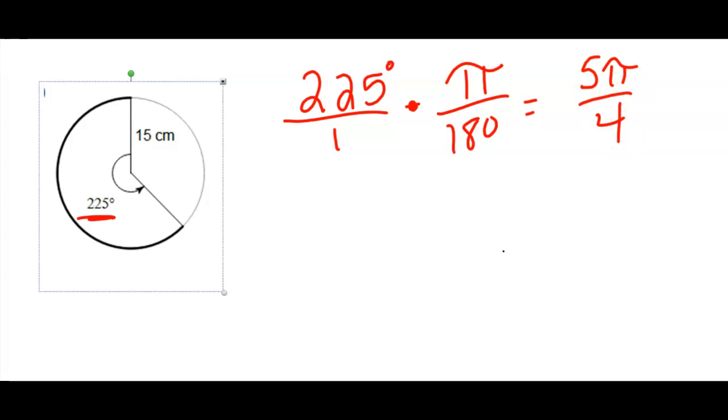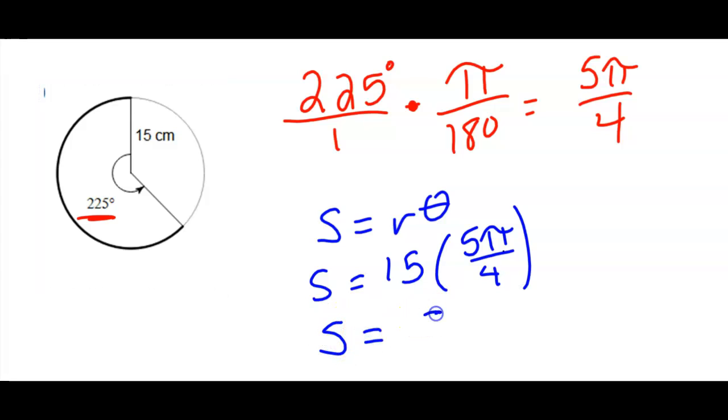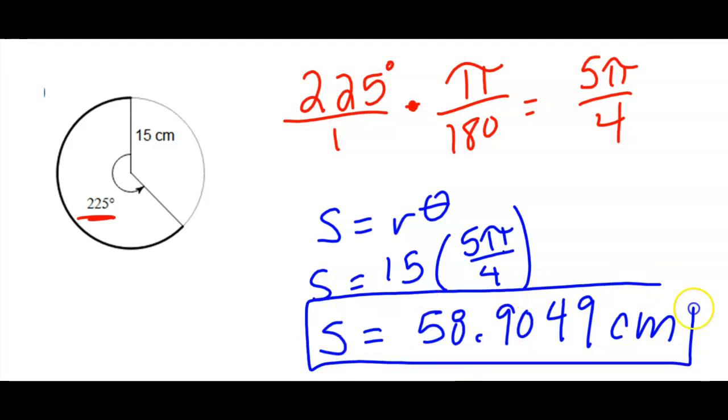So now we're ready to go. S equals R theta. S equals R, which they've given us is 15, times our theta, 5 pi over 4. And then it takes on the unit of the radius.